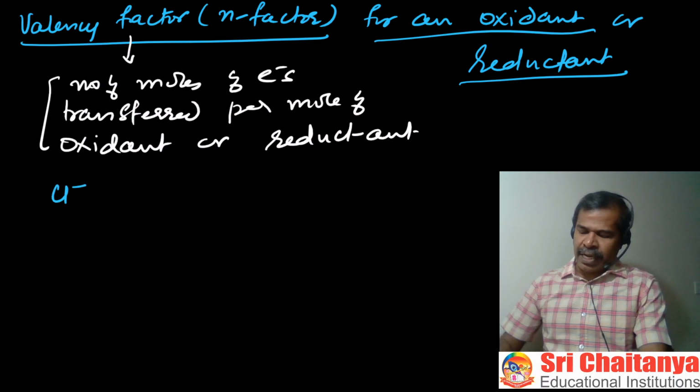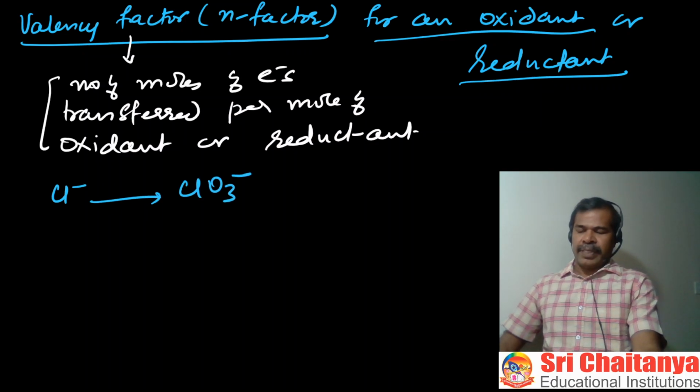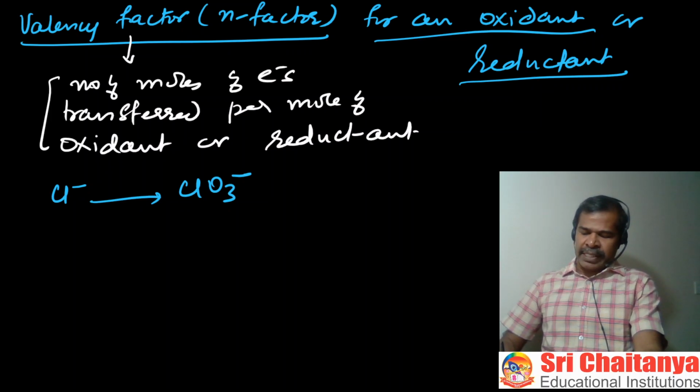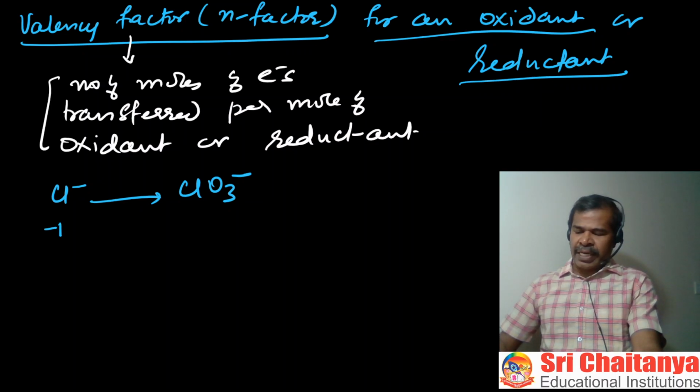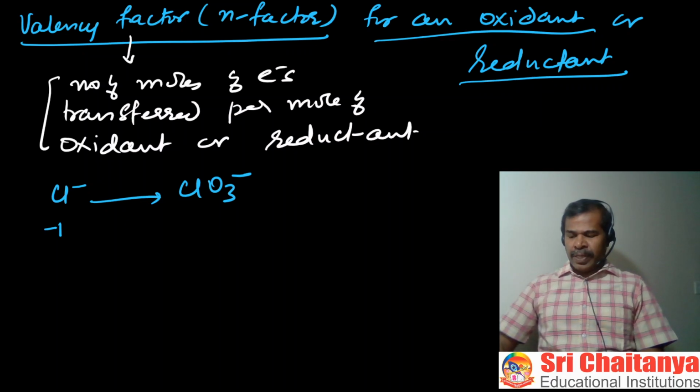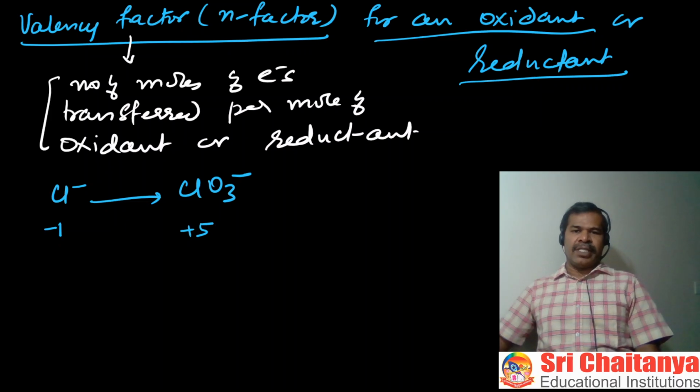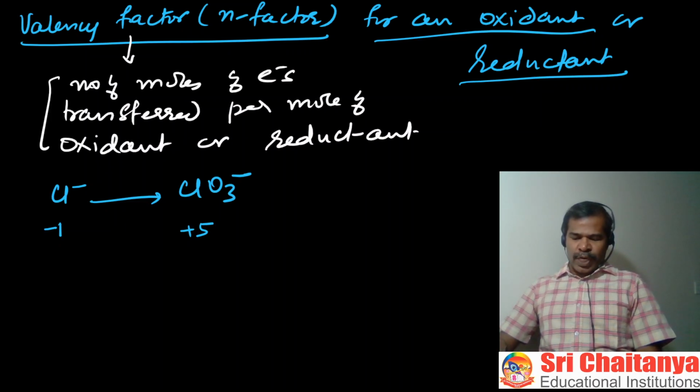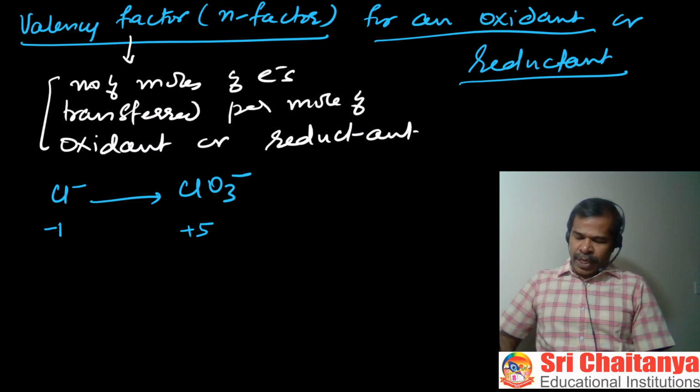Let's take this. Cl minus changes to say ClO3 minus. How to find out the valency factor for this? So chlorine is in -1 oxidation state, and on the right hand side chlorine is in, you can calculate it, x minus 6 equal to -1, so it will be +5. So how many electrons are transferred in this process? So there is one chlorine atom on this side. So what I do is -1 into 1.